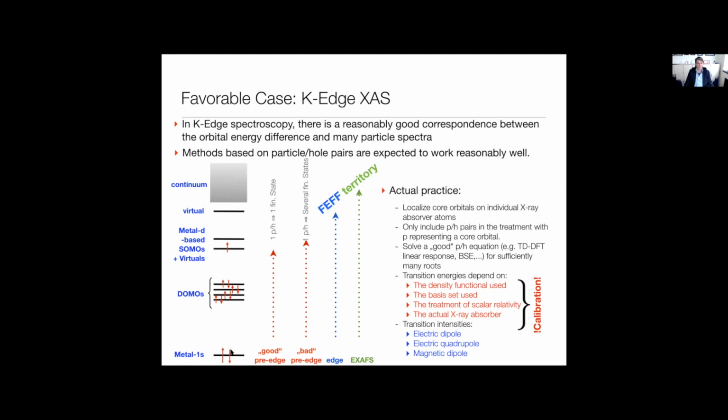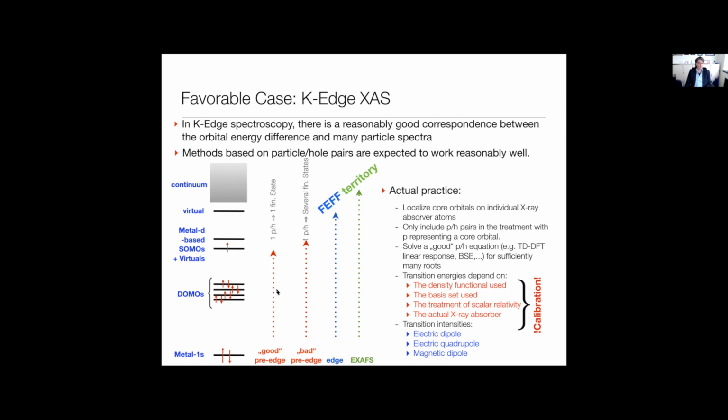So in K-edge absorption spectroscopy, you have transitions that are good transitions, so to say, where the one electron excitation or the particle hole spectrum is reflecting the many particle spectrum, and that is when you make a transition from a doubly occupied core orbital into a singly occupied valence orbital.